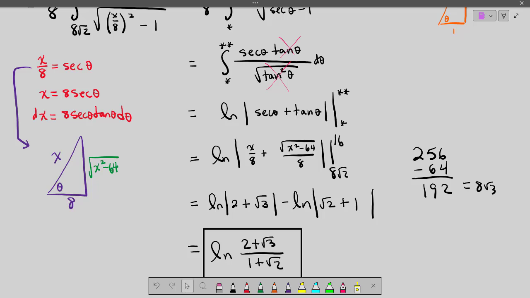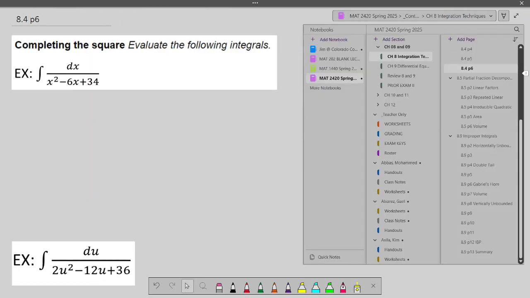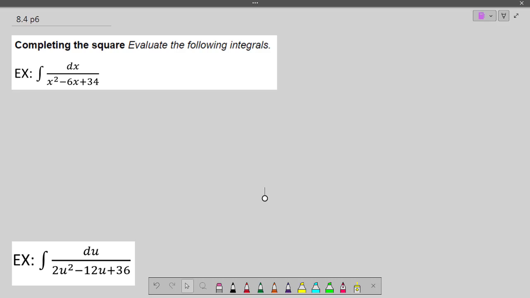All right, let's go to another one of these. These things are a little complex. So here is a combination of two different things. One thing that we've seen is that if you have a denominator that doesn't factor, you can complete the square.